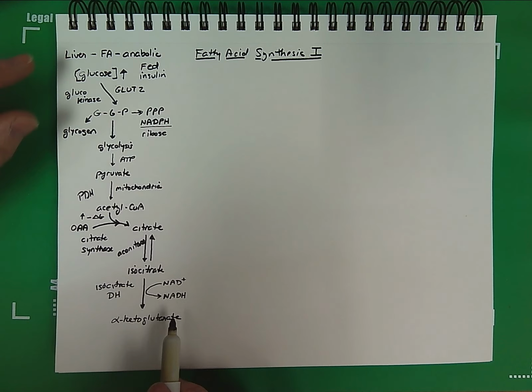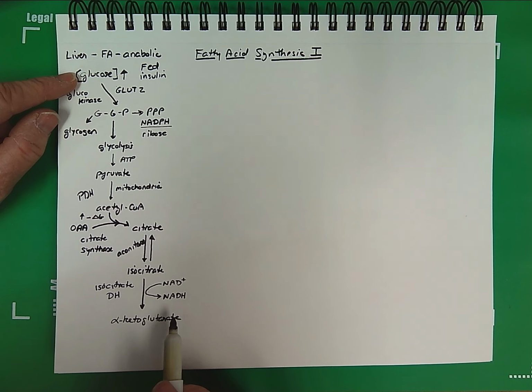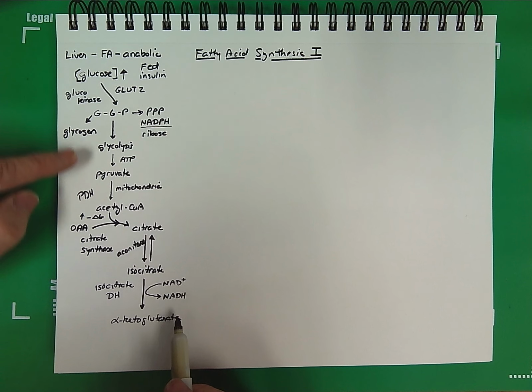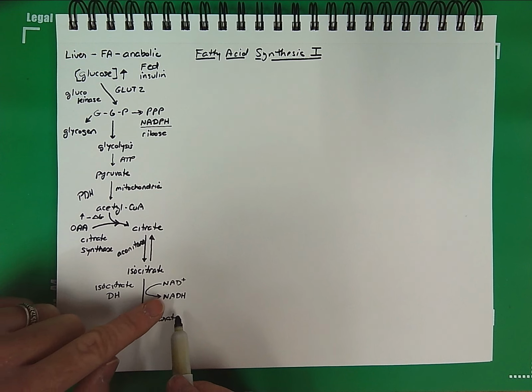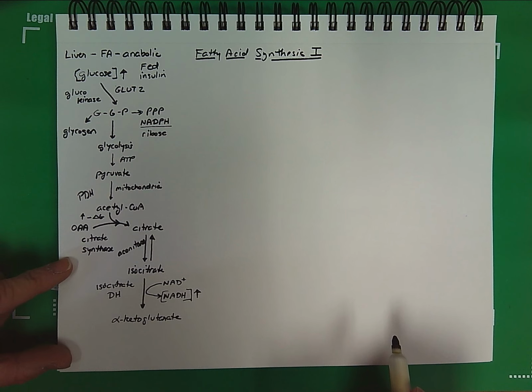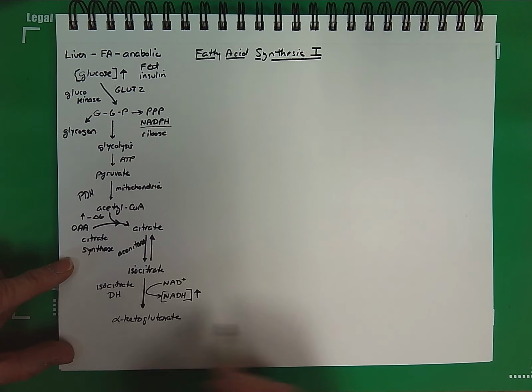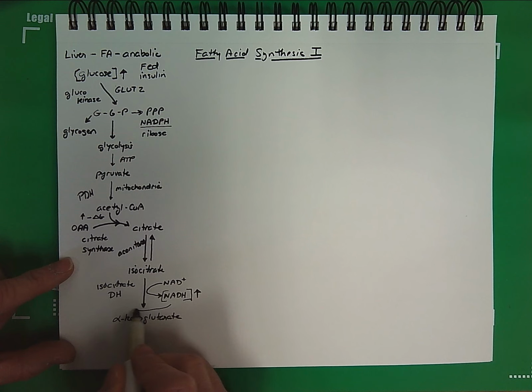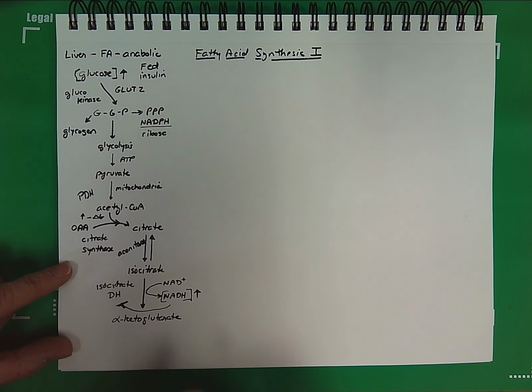Because we are in a fed state, we have lots of glucose being oxidized. We have lots of substrates coming down here to generate a very high concentration of NADH in the matrix of the mitochondria. This will feed back and inhibit this enzyme.